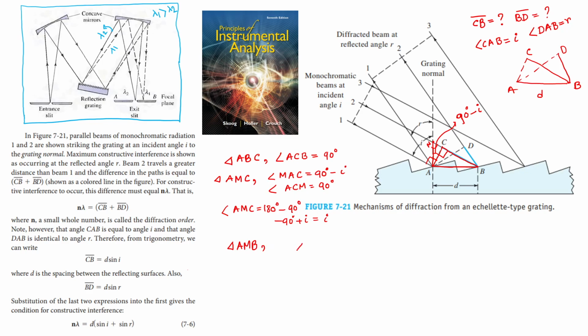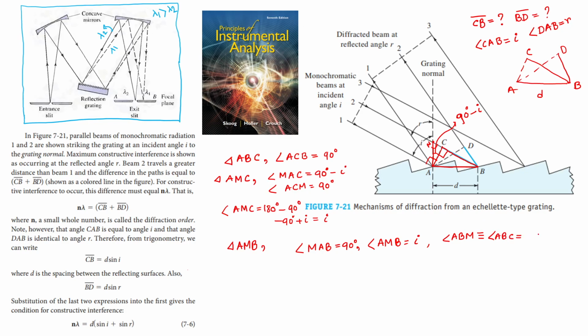You get your MAB angle is 90 degrees again, because this is the normal with respect to the grating AB. So MAB is 90 degrees. Then you know angle AMB is I. So what about your angle ABM, or ABC?